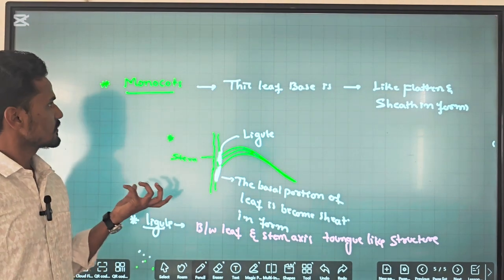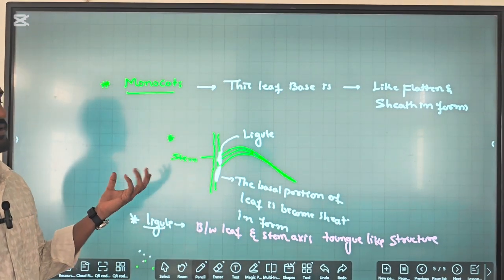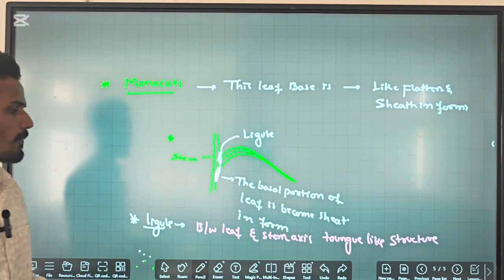So this is the first important portion of a leaf.